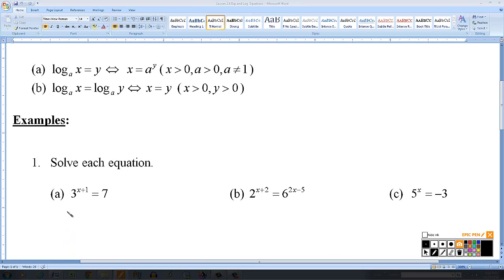I'm going to use base 10, so I'm going to say the log of 3 to the x plus 1. That's what this property is telling me. This works both ways. If I have two positive numbers equal, then I can take the log of both sides, going here from right to left. Here obviously 3 to the x plus 1 is positive, 7 is positive, so I can take the log of both sides.